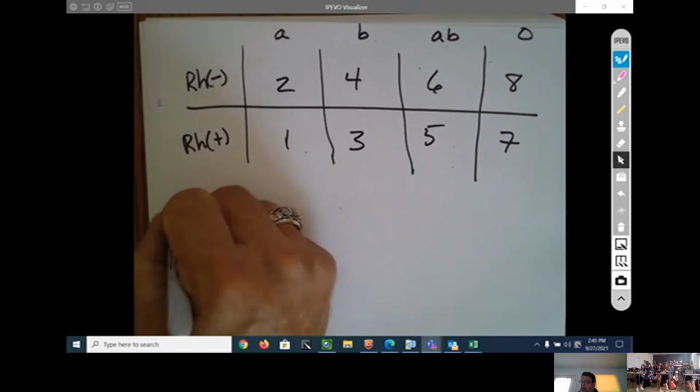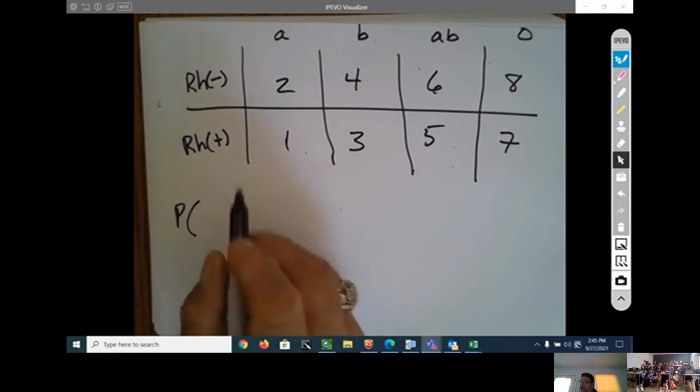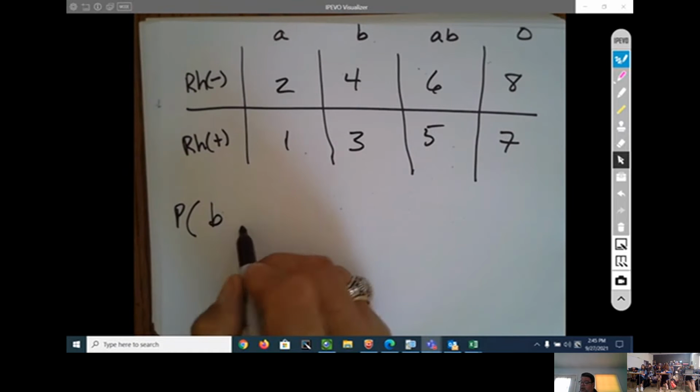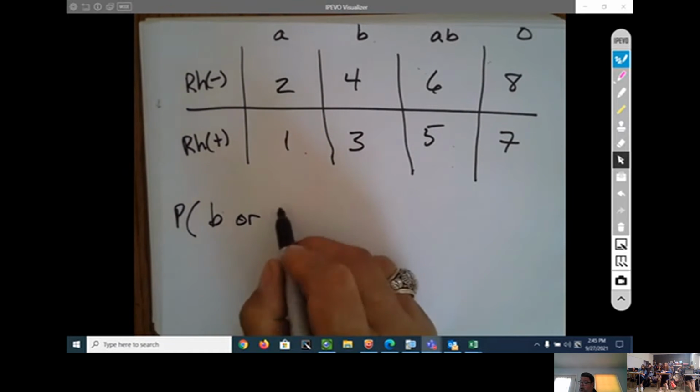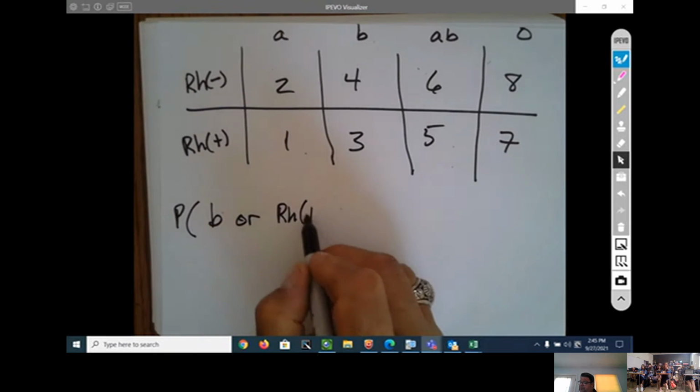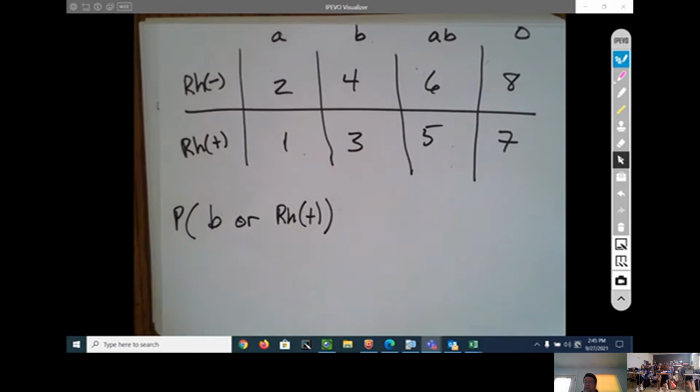And I want the probability of B or RH positive. Okay, I want y'all to do that one. See if you can do it. Probability of B or RH positive.